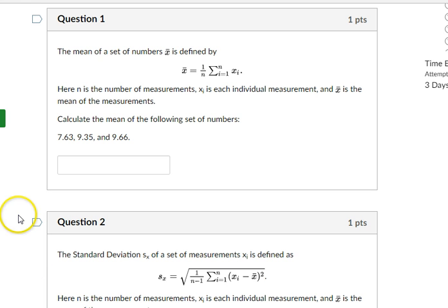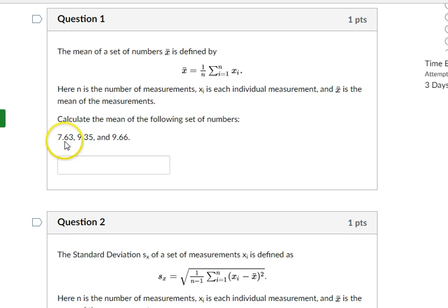So problem 1 is the first place where we see this cropping up. There's a notation some of you have seen, some of you may not have, but let's get to it. Okay, so here, the mean is defined as 1 over n, the sum from 1 to n of x sub i. What does that mean?